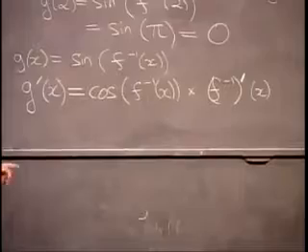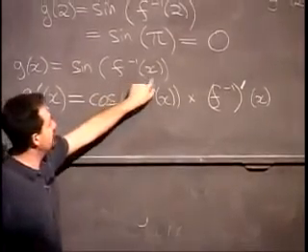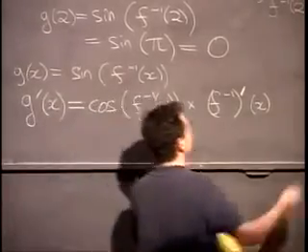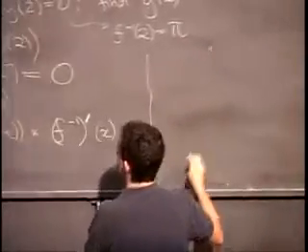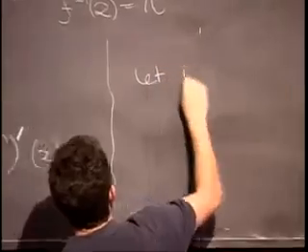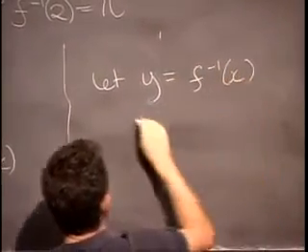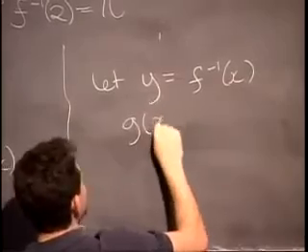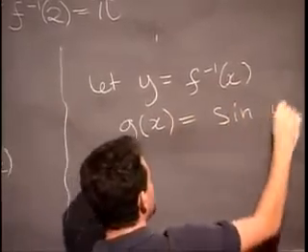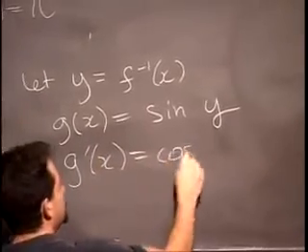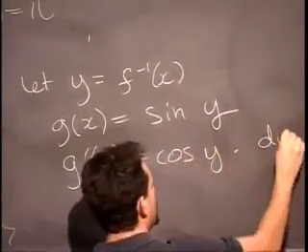If you prefer, you can let this be y. I'll show you. Actually, you know what? I think that computation is even easier. I can show it to you in parallel, and it doesn't matter. Let y equal f inverse of x. So g of x is actually equal to sine of y. So g prime of x is cosine of y dy dx.